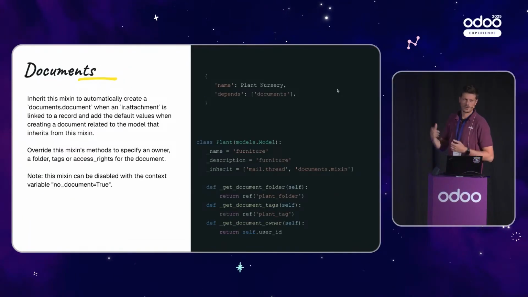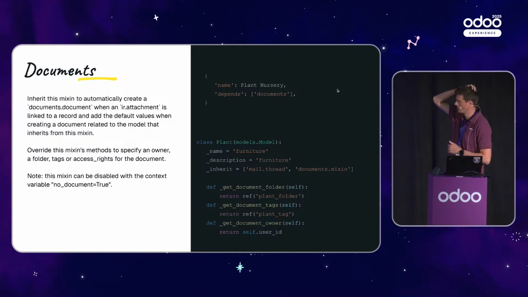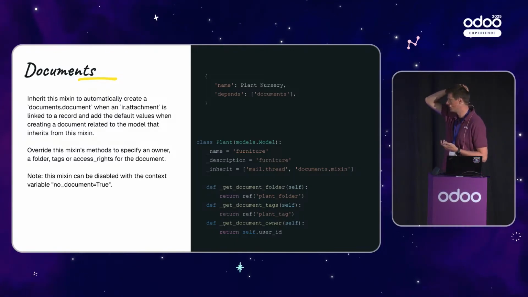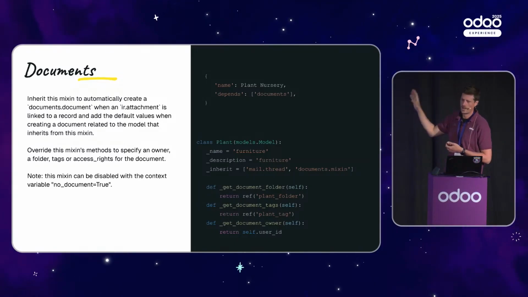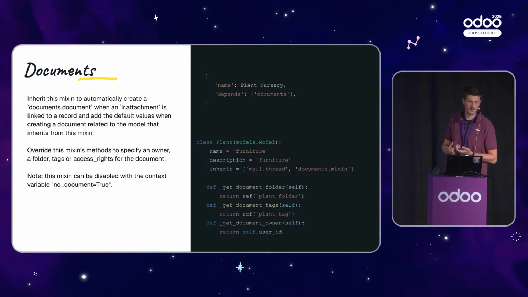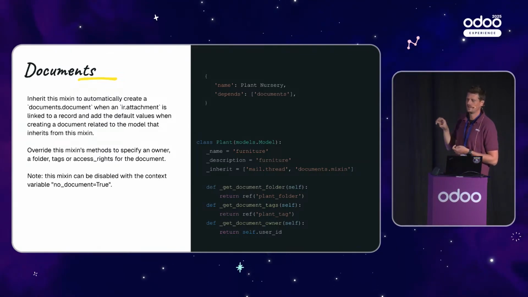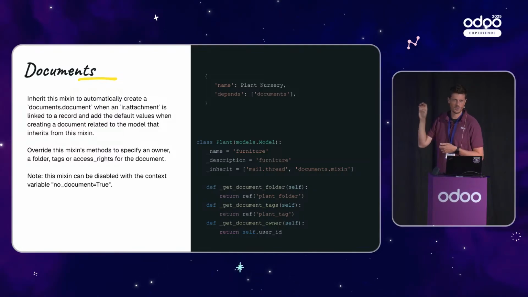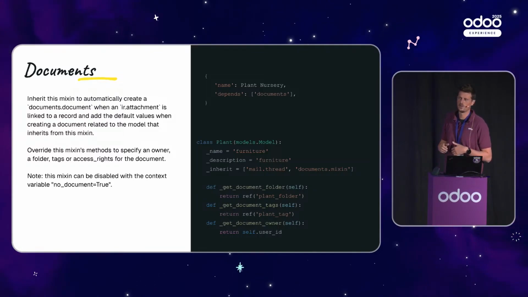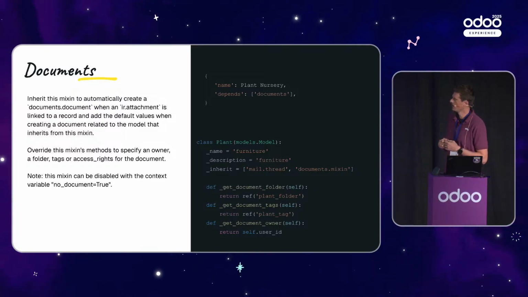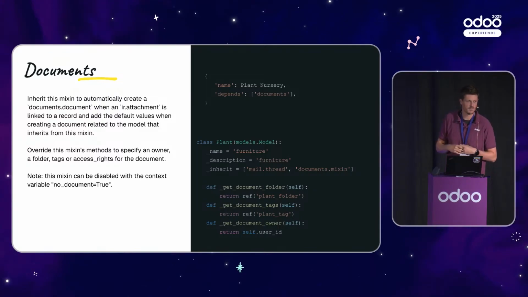Now let's talk about the documents. Something which can also be really cool is when you add an attachment to my new record, I want to directly see this attachment inside the correct folder in the document application we have in Odoo.